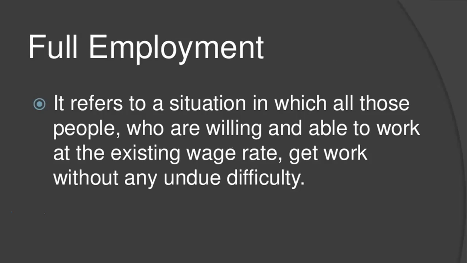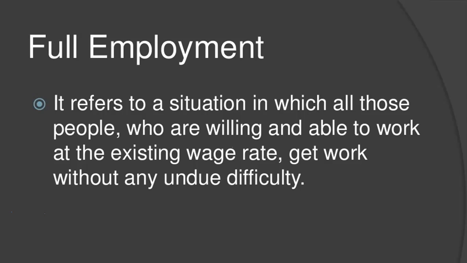However, in macroeconomics, there can be some type of unemployment even during full employment. It means full employment does not stand for zero percent unemployment. So under full employment, there can be two types of unemployment. One is frictional unemployment, and the other is structural unemployment.